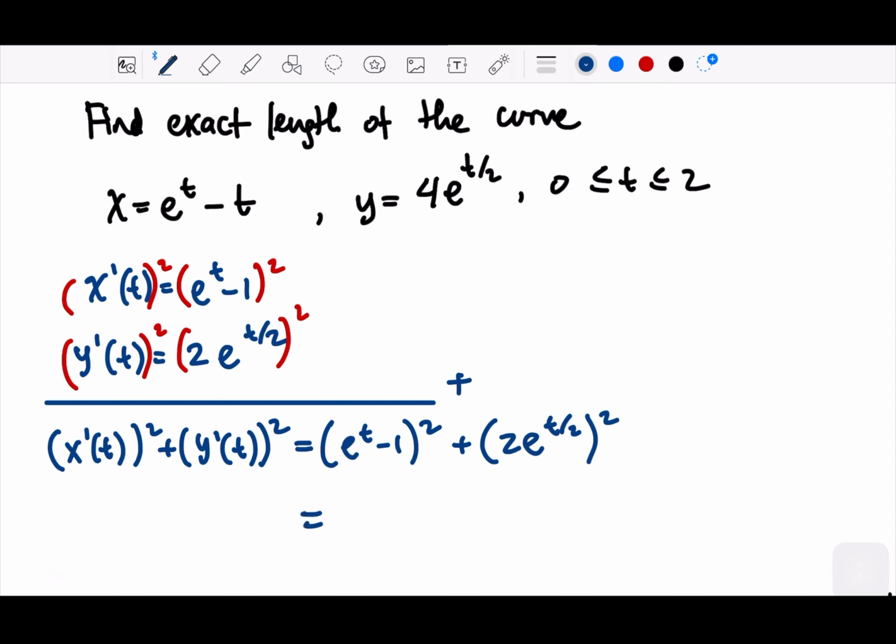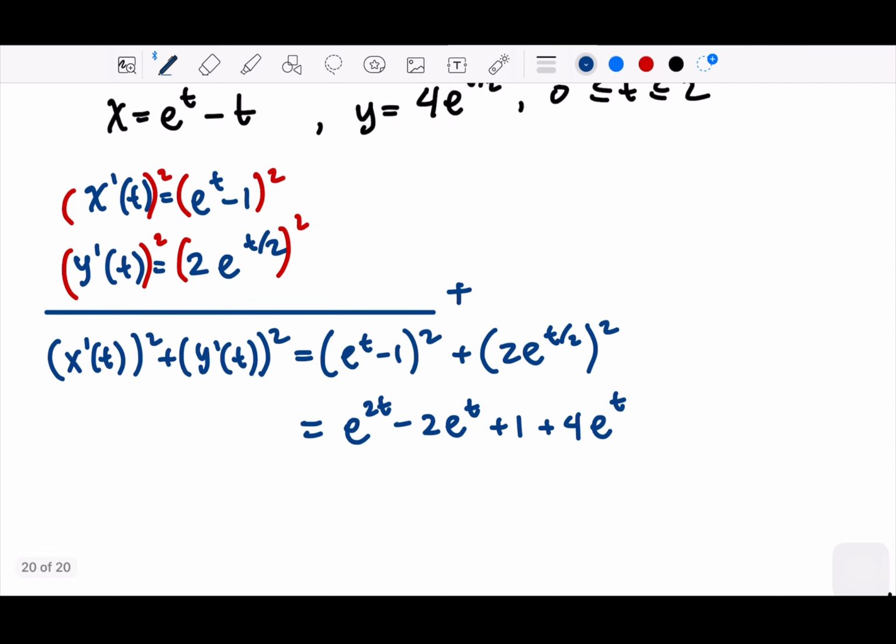I think we can solve for a while. This is e to the power of 2t minus 2 e to the power of t plus 1. Then this will be 4 and then cancel 2 and e t right there, right? And this will be plus 2 plus 1, okay?